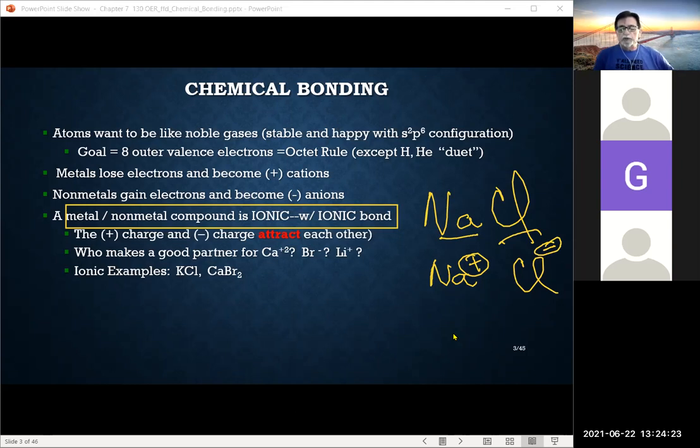Some examples: I use sodium chloride as one, but we've got potassium chloride, we've got calcium bromide. You're at the point where you've got a couple hundred compounds you can put together. All the metals in group 1, all the metals in group 2, those are ions that you can combine with the anions of all the nonmetals: the fluoride, the chloride, the bromide, the iodide, the oxide, the sulfide, the nitride.